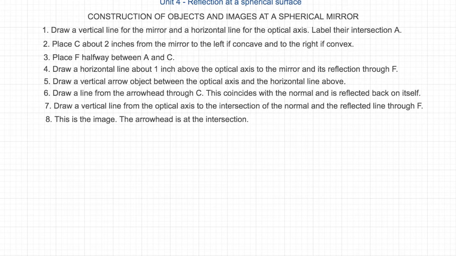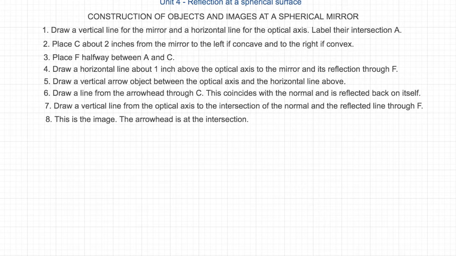Now, here are the rules for the construction of objects and images at a spherical mirror. First thing you do is you draw your optical axis. Then you can draw a straight vertical line for your mirror. You don't have to draw a curve. You'll know if it's a concave or convex mirror depending on which side you place the center.